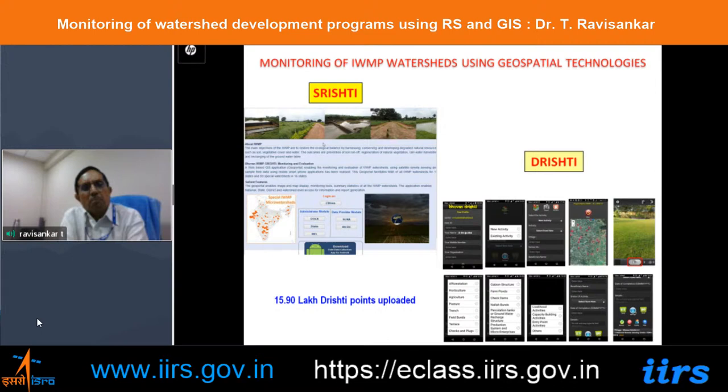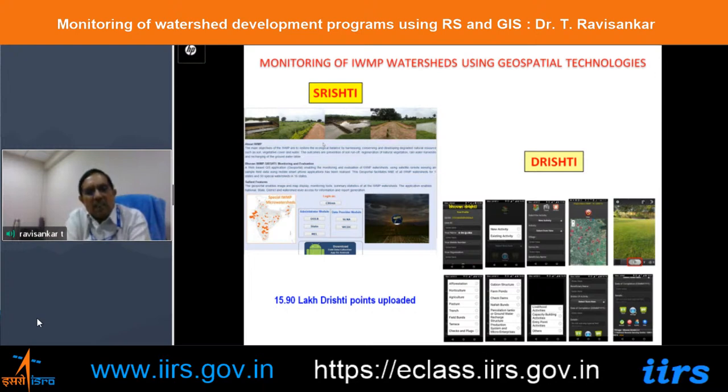And the Drishti field app is developed based on the requirements. Over a period of 3 to 4 years, about 9 versions were developed, addressing the improvements in the mobile app version. And 15.90 lakh Drishti photographs are uploaded.